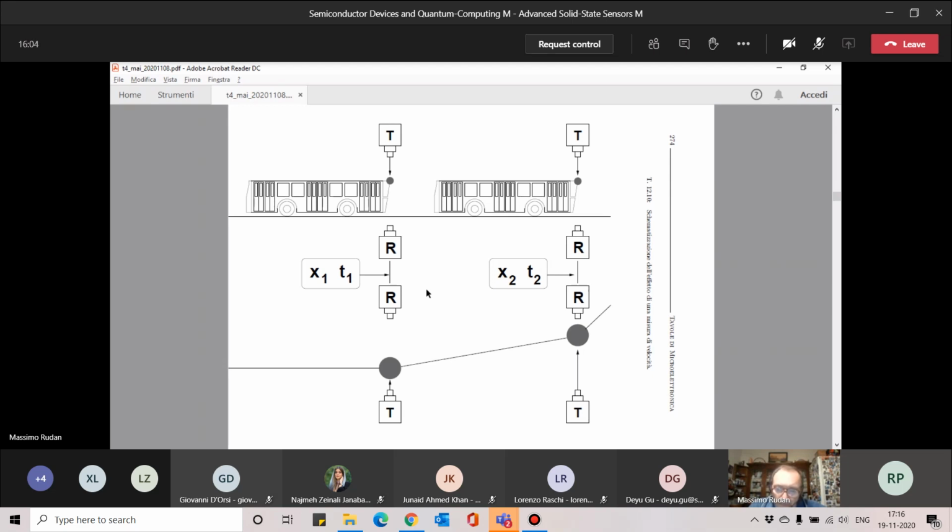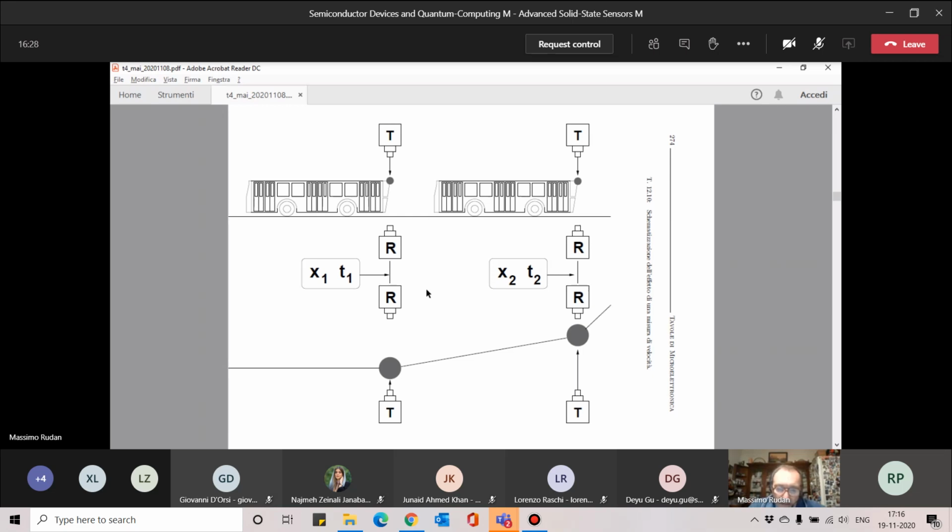Obviously, the interaction of the tennis ball to be measured with the tennis ball that is ejected by the transmitter is not negligible. So we have a substantial deviation of the trajectory of the tennis ball to be measured.